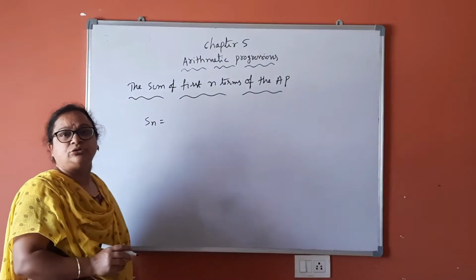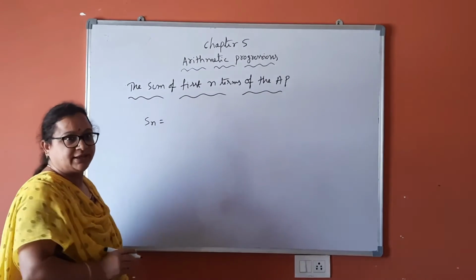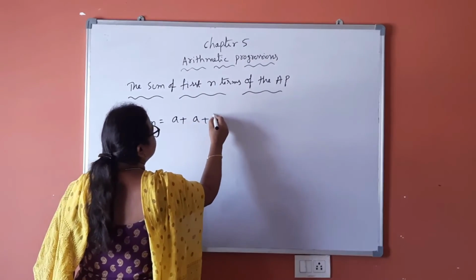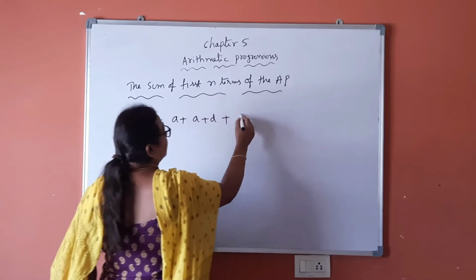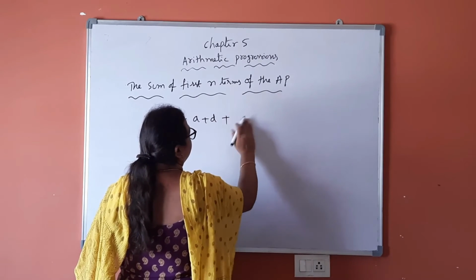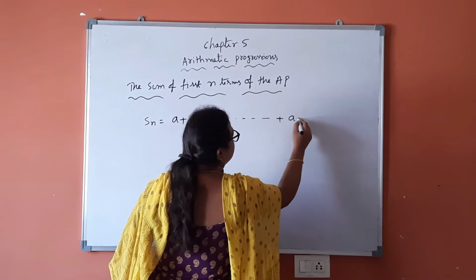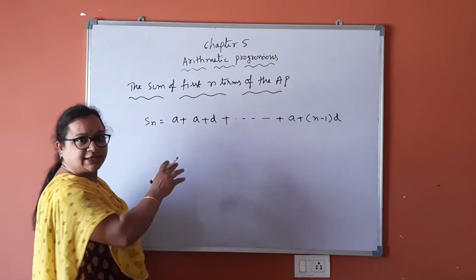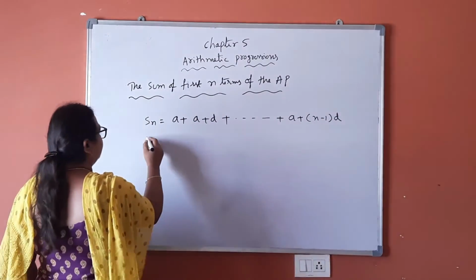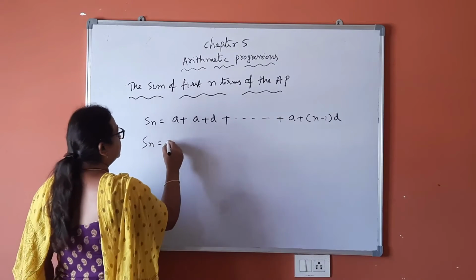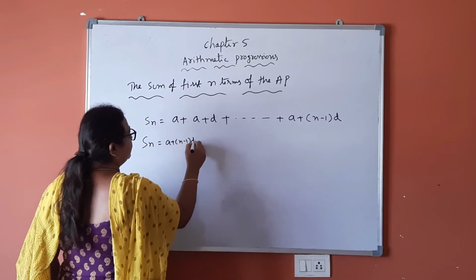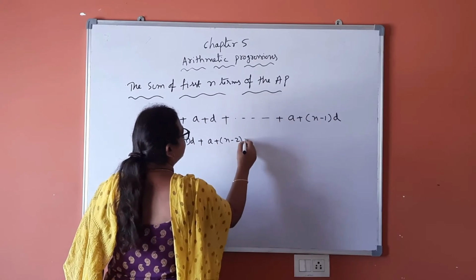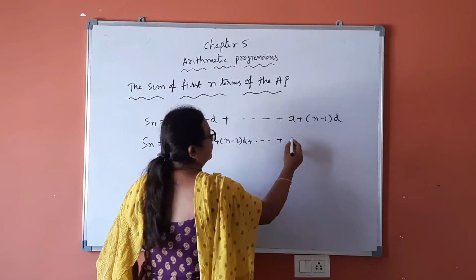Sn is equal to the sum of first n terms of an AP. That is a plus a plus d plus and so on plus a plus n minus 1 into d. The same thing we write in reverse order. That means Sn is equal to a plus n minus 1 into d plus a plus n minus 2 into d and so on plus a.